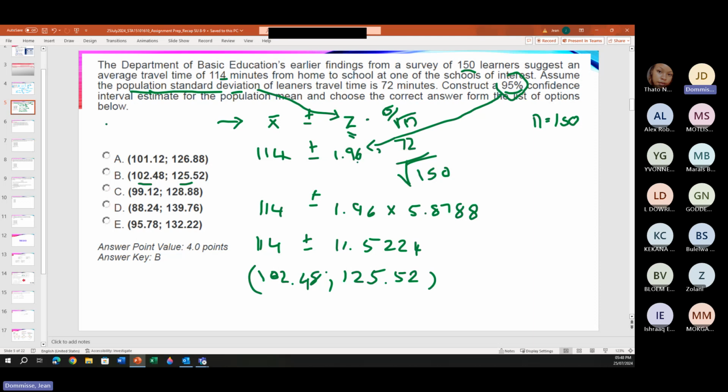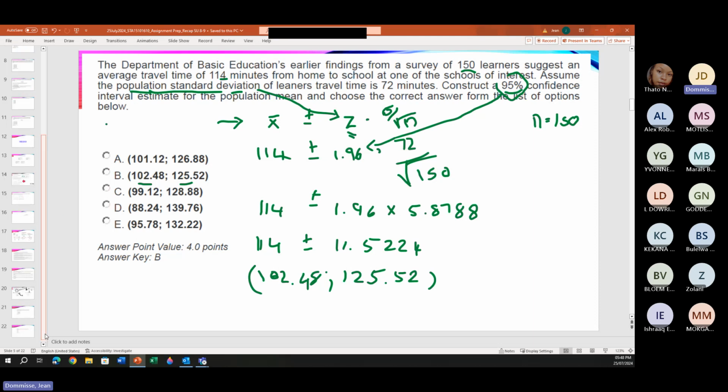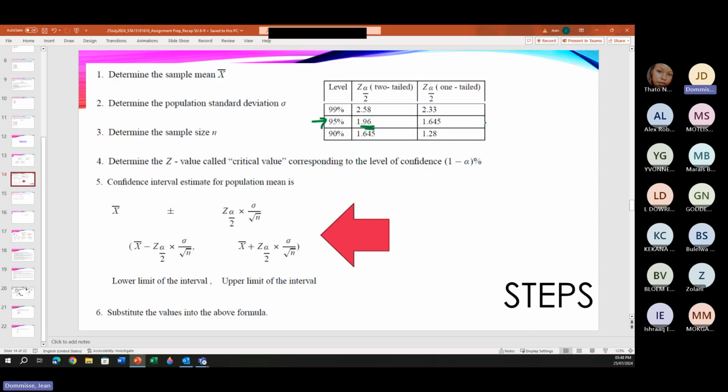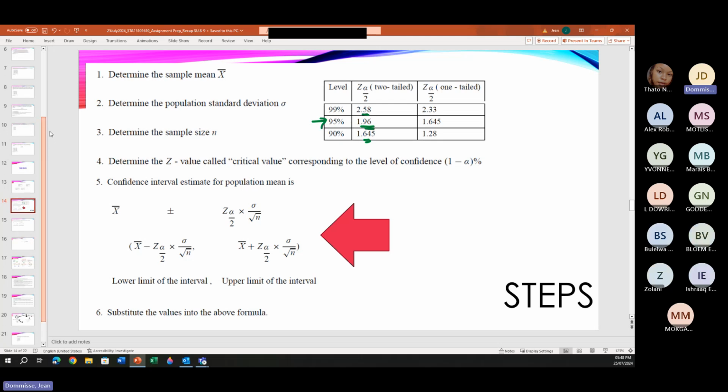If it was 99%, I would have gone to the table and said, okay, 99% confidence, we would have worked with 2.58. And if I used 90%, we would have used 1.645. Okay, so that is just the 3 different options that we will need to use for the Z.